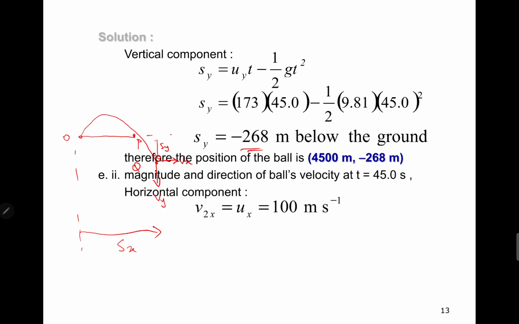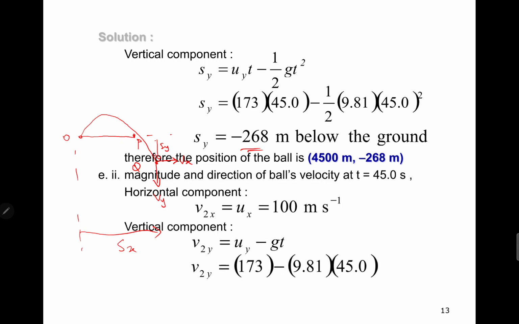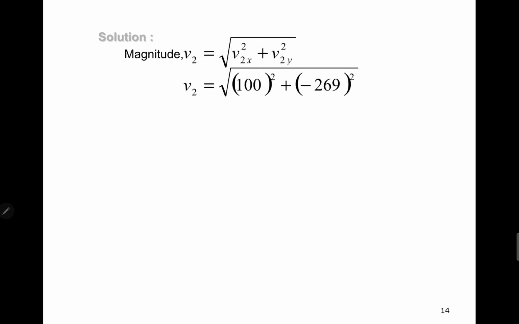The horizontal component is constant. For the vertical, calculate again by using the time given, which will end up with negative 269 meters per second. From there we can determine the magnitude. The resultant velocity will end up with 287 meters per second.